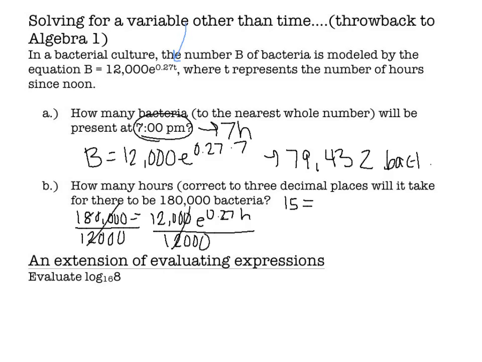Now I need to use this idea of e, the natural base, and the natural log, ln, being inverse functions. How I can simplify this is to take the natural log of each side. On the left-hand side, this would leave me with the natural log of 15. And on the right-hand side, the natural log of e raised to the 0.27 times h, or t, power.